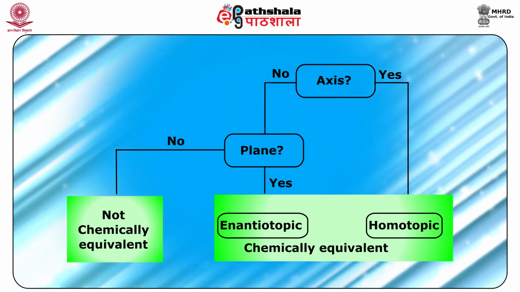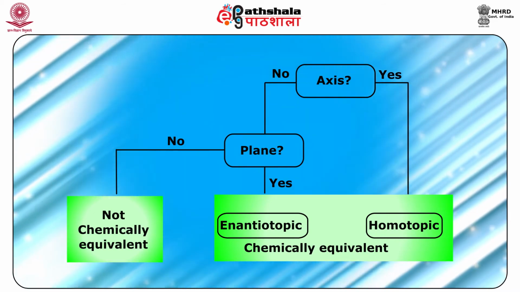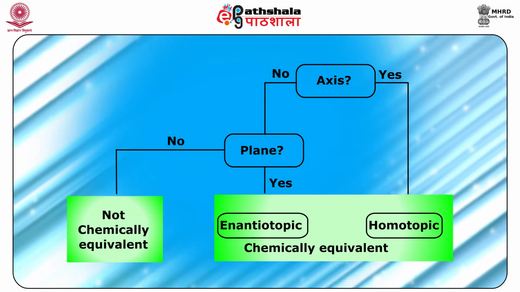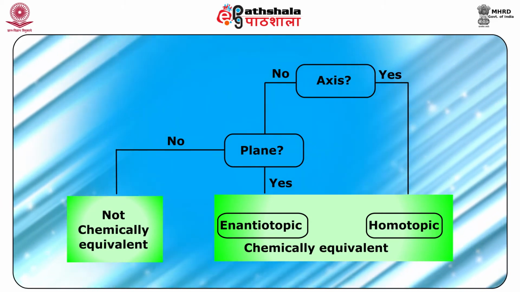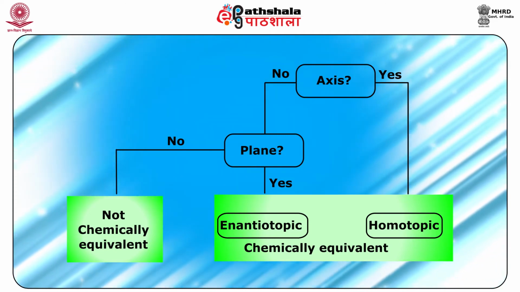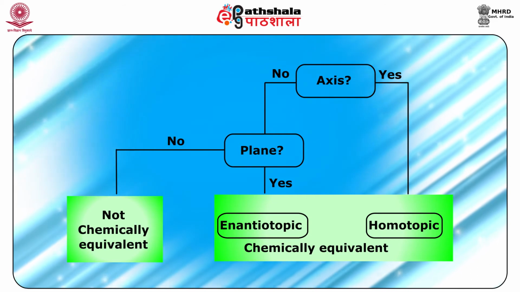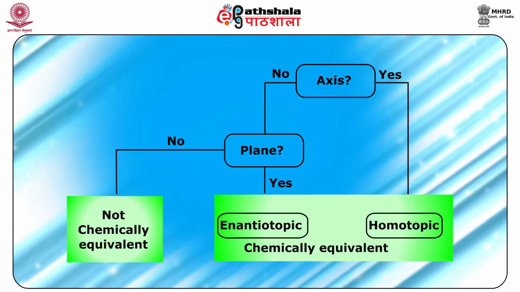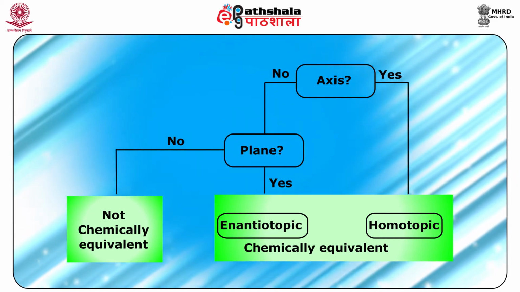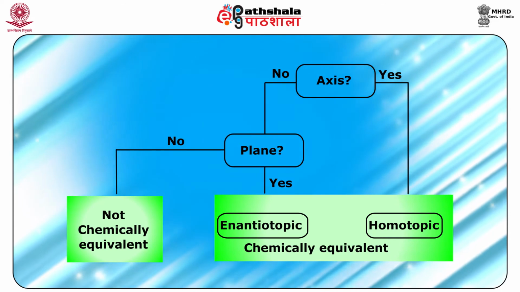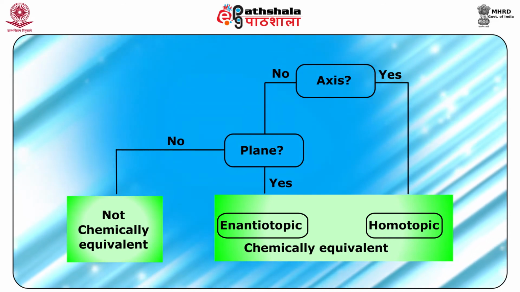Now we should note the following point. While determining the relationship between two protons, first determine if there is an axis of symmetry that interchanges the protons. If there is, then the protons are homotopic, whether or not there is a plane of symmetry. If the protons cannot be interchanged by rotation, then look for reflectional symmetry.